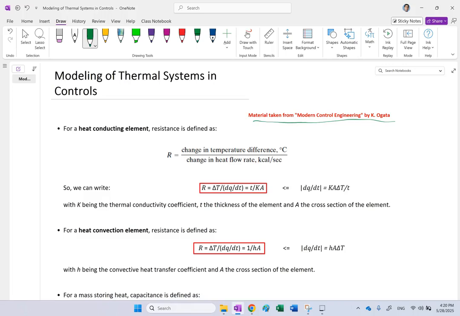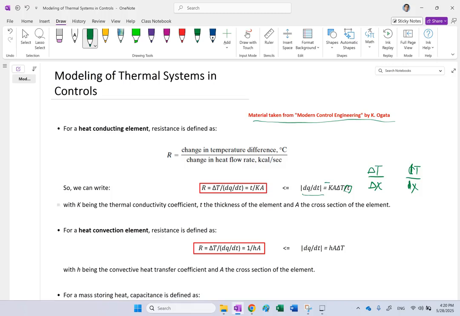If you remember, in conduction, the heat flux dq over dt is equal to, and there is a negative sign here, but I'm looking at the magnitude of it, K times A times delta T over T. Some people, instead of T, use delta T over delta X, or in differential form dT over dx, the gradient of temperature with respect to the thickness of the material.